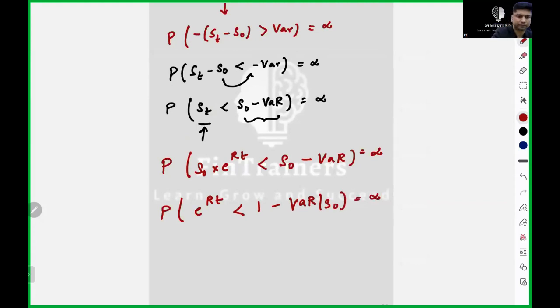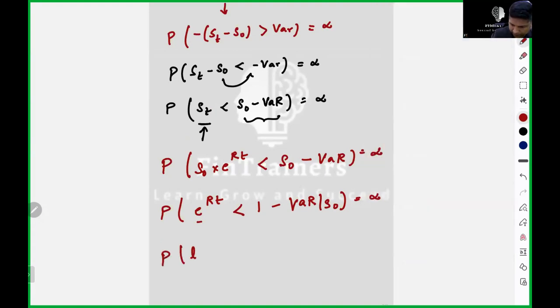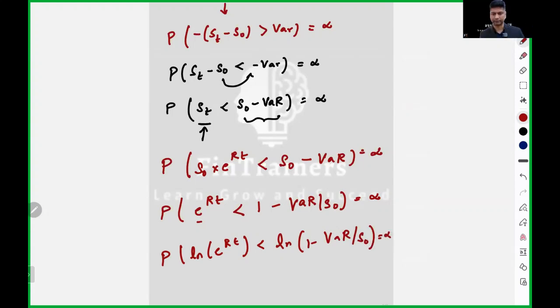Now after this, what we can do is to remove this e, I'm going to take a natural log, so probability of ln e to the power RT less than 1 minus VAR by S0 is alpha. Does that make sense?